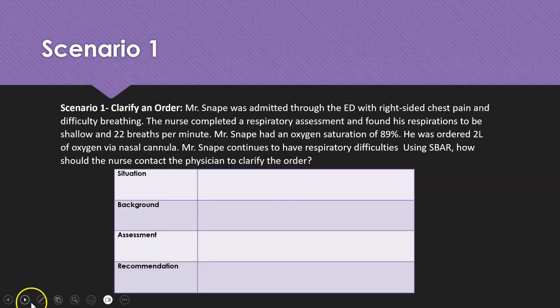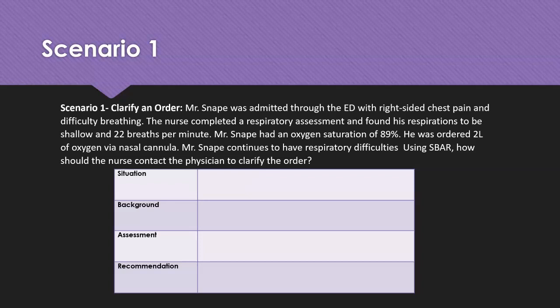Okay, so what you're going to do is you're going to pause, you guys. All right, and then we're going to see if you got close to what, based on what the scenario was, did you answer any of the questions right. Now, I do know that you guys are first semester students, and you may know the basics as far as how many breaths per minute, if it's shallow, right sided chest pain. But I want you to take the time and look these things up.